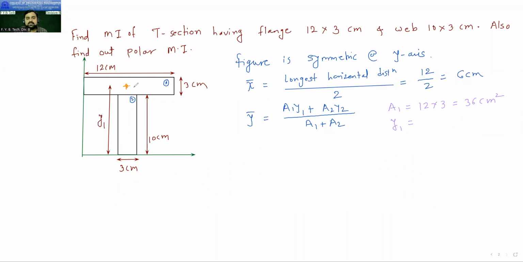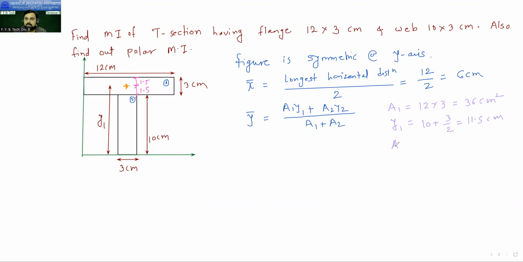How much is it? If this is 3, then this distance from this point to this point is 1.5, and this topmost part is also 1.5. So this is 10 plus 1.5. So y1 is 10 plus 3 by 2, which is equal to 11.5 centimeter.